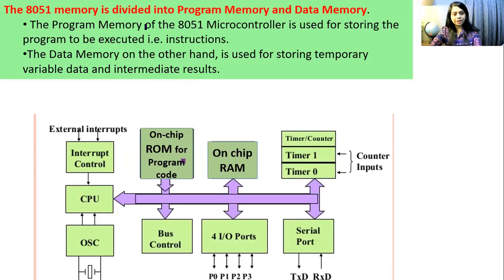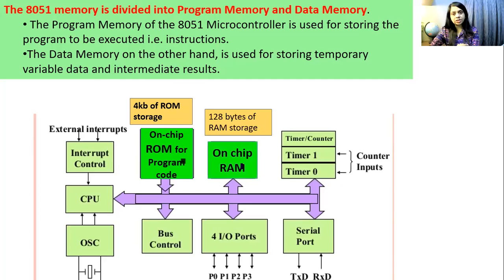Program memory of 8051 is used for storing the program to be executed, that is instructions. This memory, which is 4 kilobyte of ROM, is used for storing instructions. The data memory, on the other hand, is used for storing temporary variable data and intermediate results.